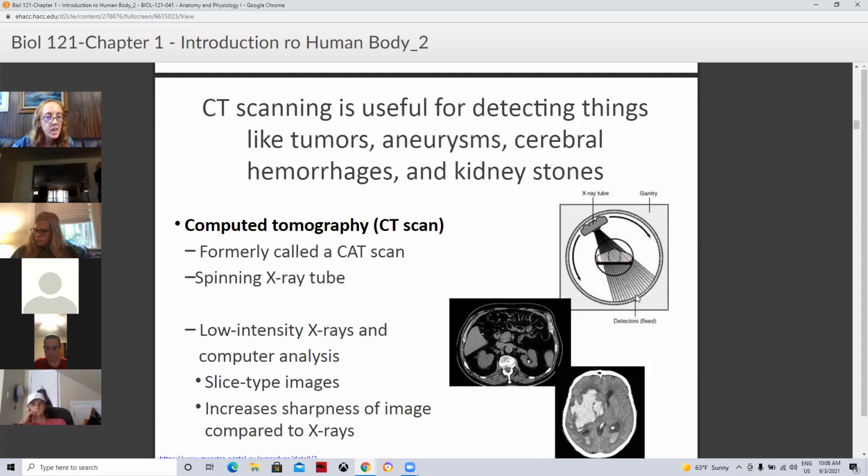This involves low intensity X-rays and computer analysis. It produces very nice 3D cross sections.